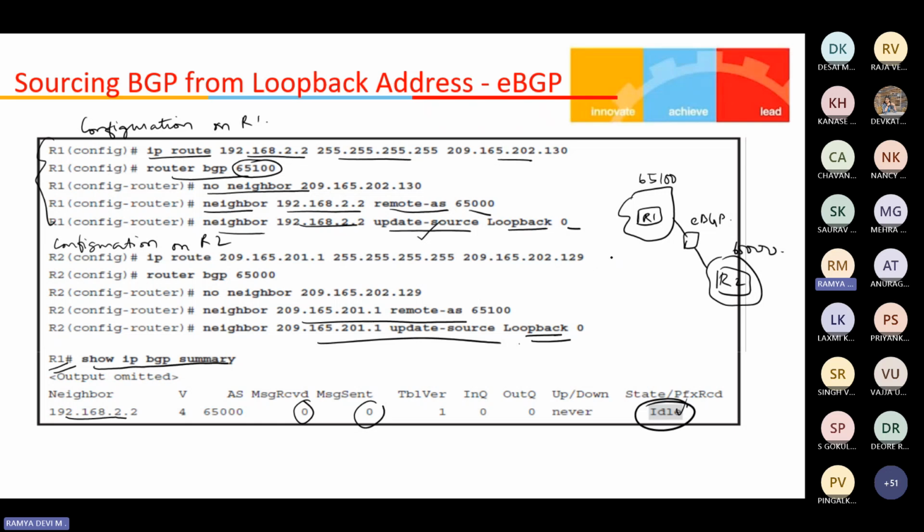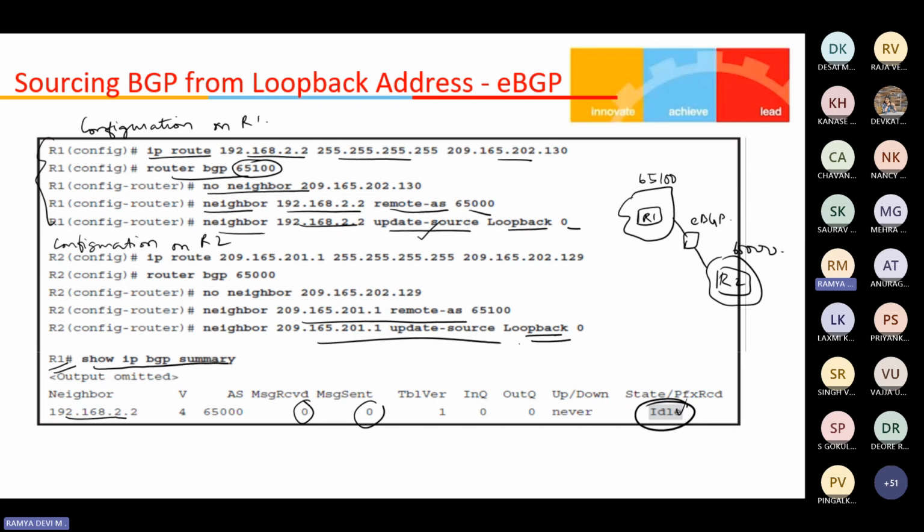What about the loopback to loopback communication? It requires more than one hop, right? In order to solve this problem, we have to use the eBGP multihop command. So that must be added, along with the static routes, to ensure the reachability. Fine. This works well within the same autonomous system.